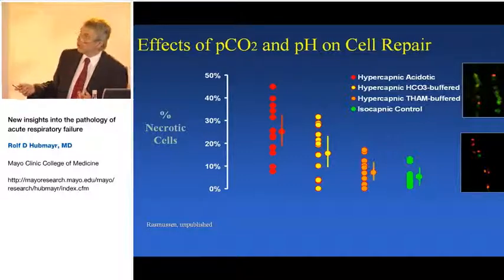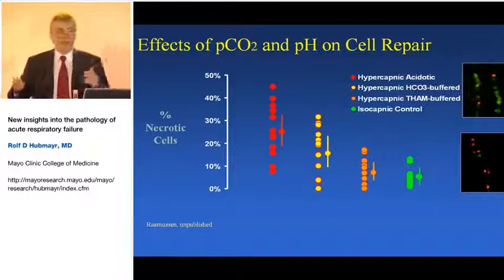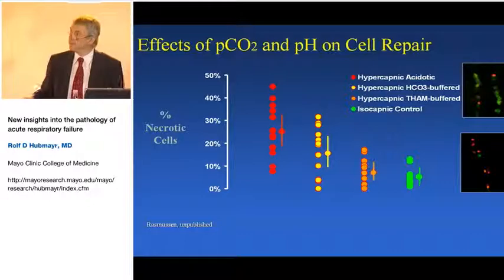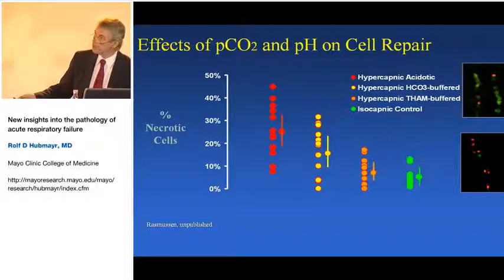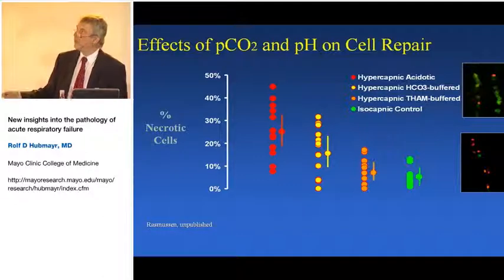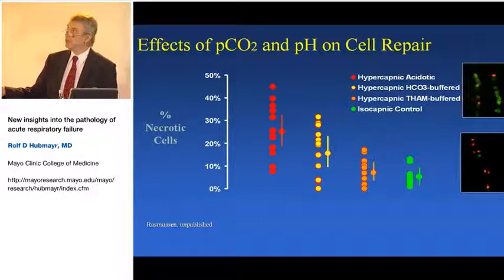I'll conclude with a comment on what happens when you buffer the system. What's plotted here is the percent necrotic cells in the cell scratch model as you go from a hypercapnic acidic environment to one in which you buffer with bicarbonate, an intracellular buffer, tromethamine, or an isocapnic control.